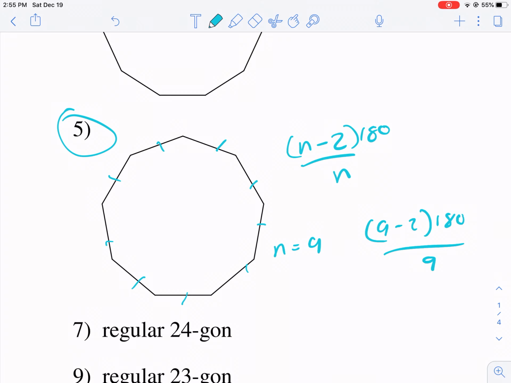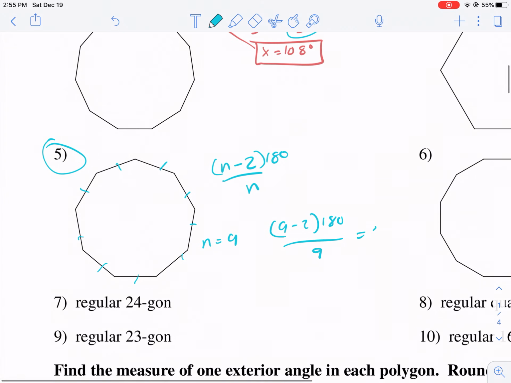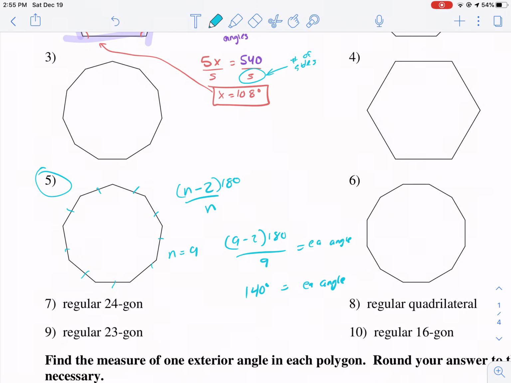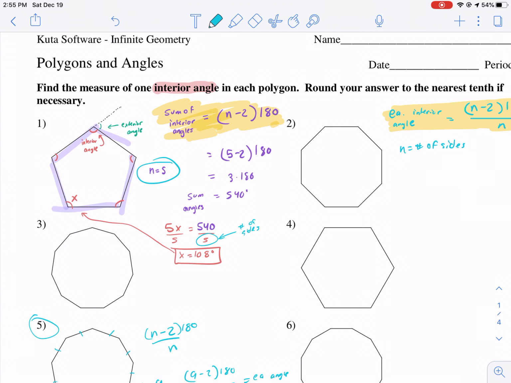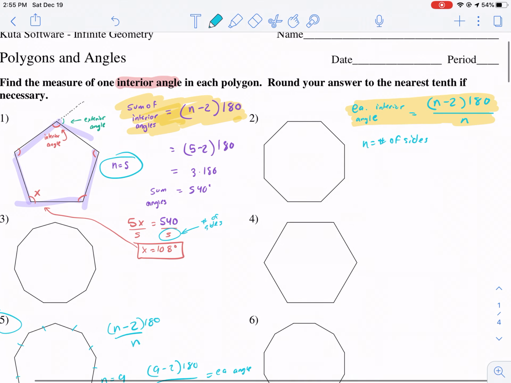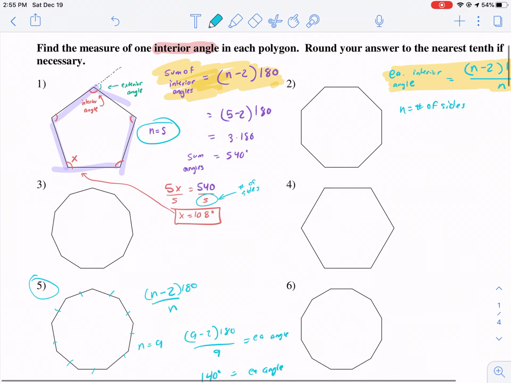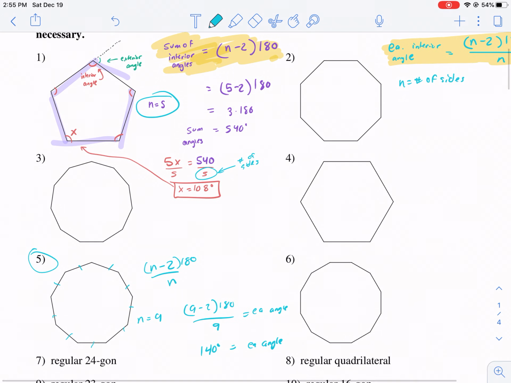You might hear my calculator typing. This is each angle, so one angle equals 140 degrees. The instructions say to round your answer to the nearest tenth if necessary, and that's really all there is to it.